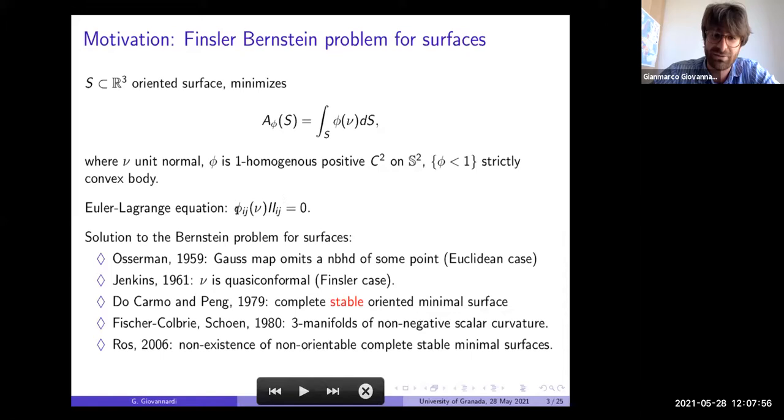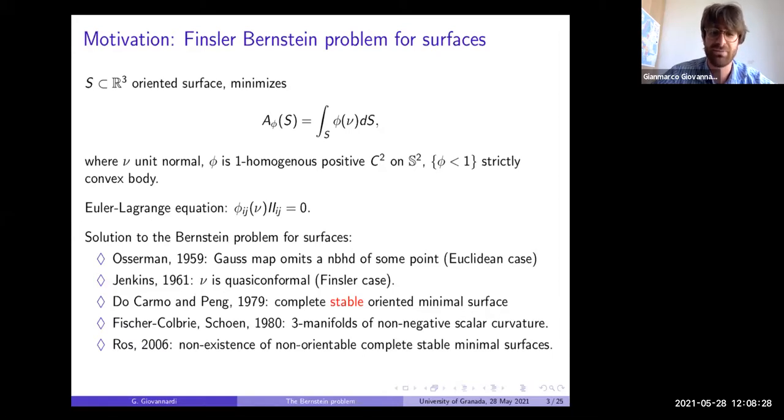And this elliptic equation is given by the second derivative of this function phi times the second fundamental form, and so on, is equal to 0. So we have a balancing of the principal curvatures. And when the function phi is indeed the Euclidean norm, and so it is equal to 1, here you obtain the mean curvature equation. So it's a natural generalization of the mean curvature equation.